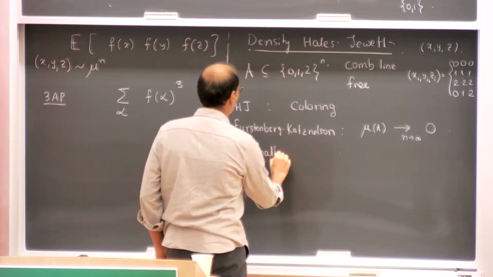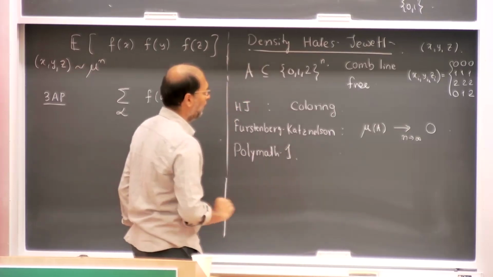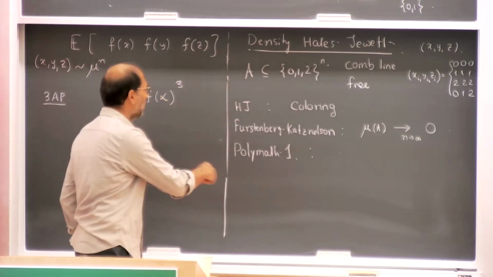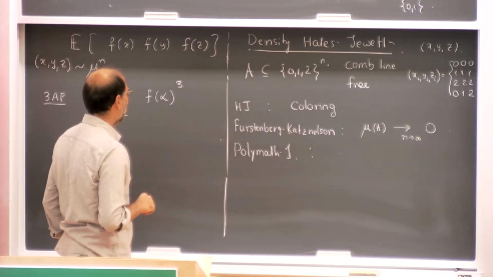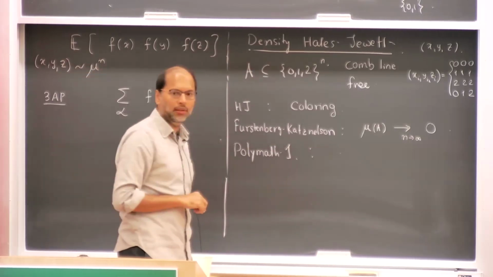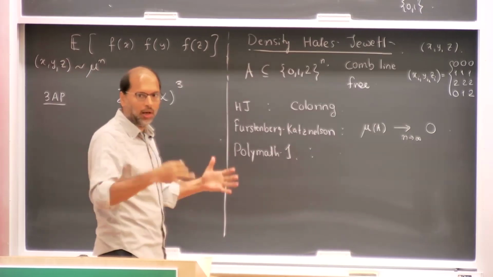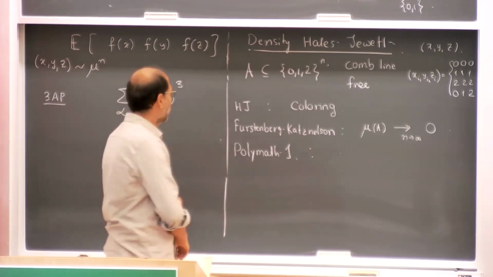So this was Polymath project number 1. This was initiated by Gowers, Tao, also from the computer science side, Ryan O'Donnell, and there was a large team of online open collaboration.